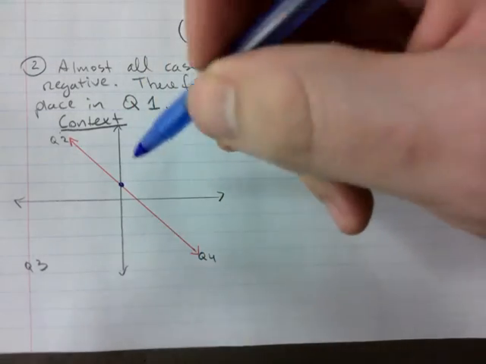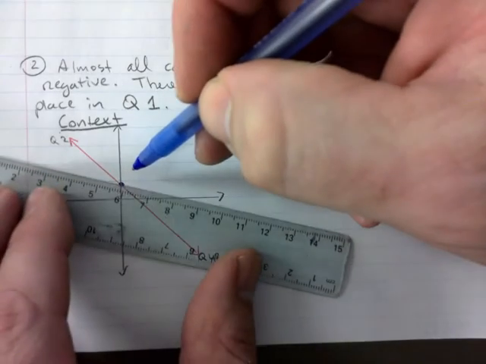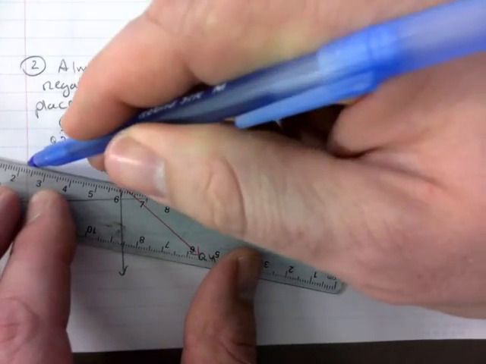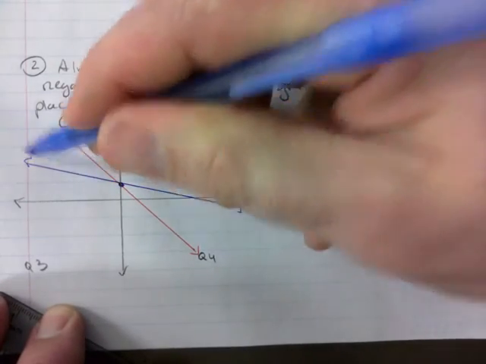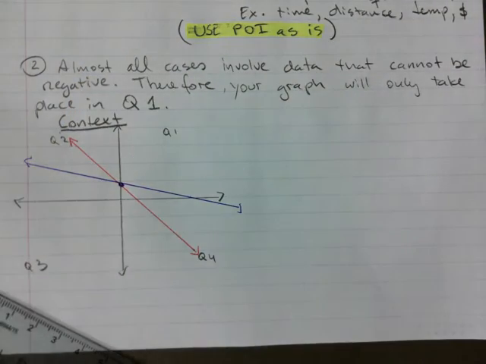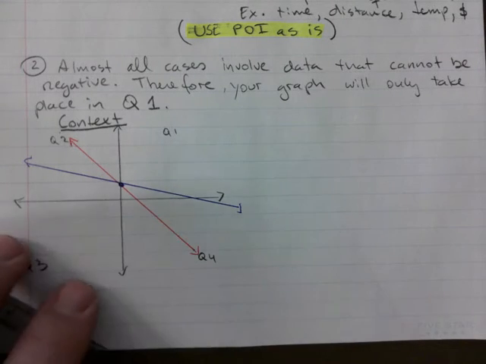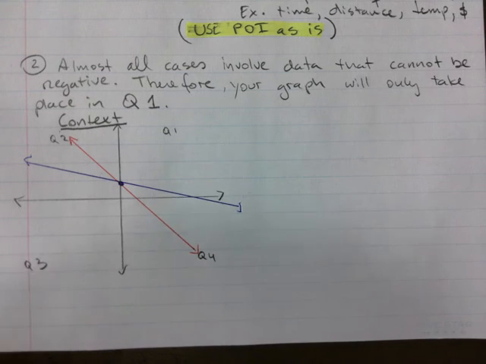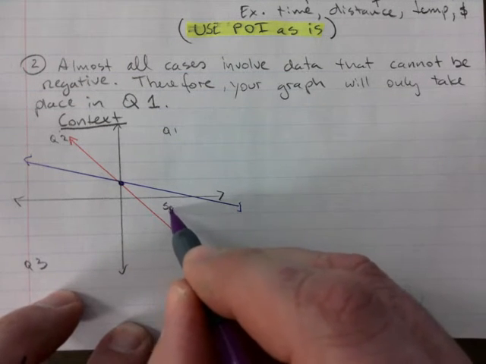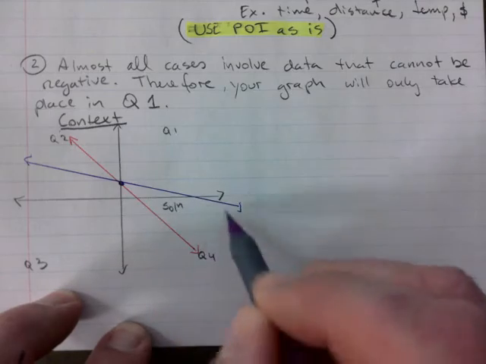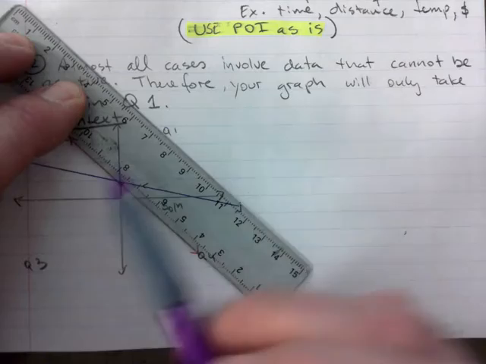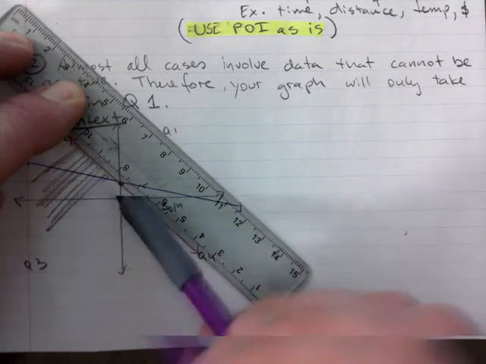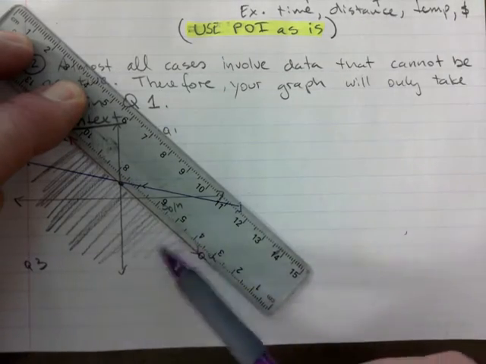Both of them will share this point in common. So we'll sketch it like this. And I'm going to shade as follows. My solution region is going to be right here. This whole thing, there's a wedge there. So I'll be shading below the red one and above the blue one.